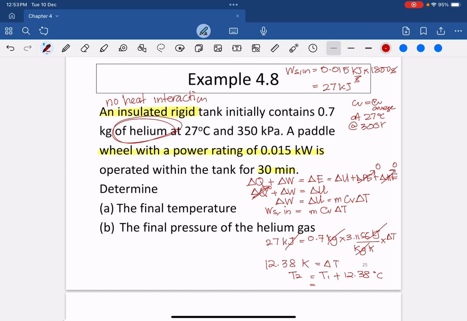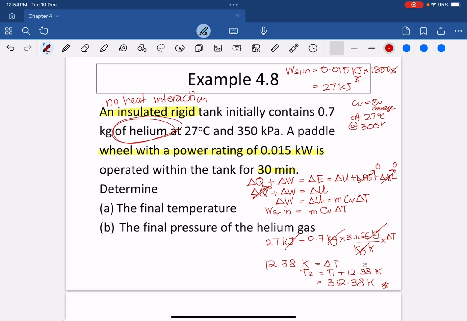So T2 is 39.4 degrees Celsius, or 312.38 Kelvin. That is the final answer. How about the final pressure?